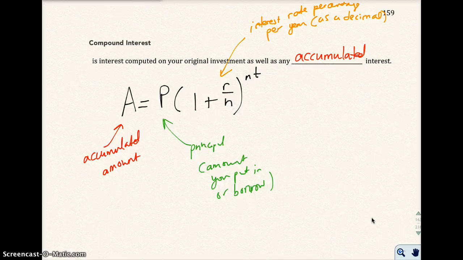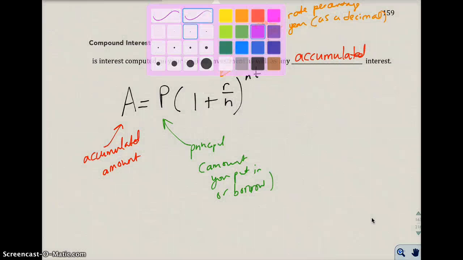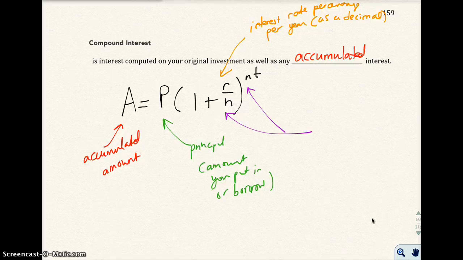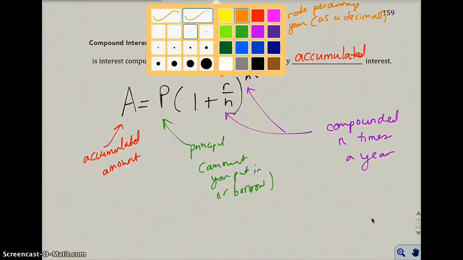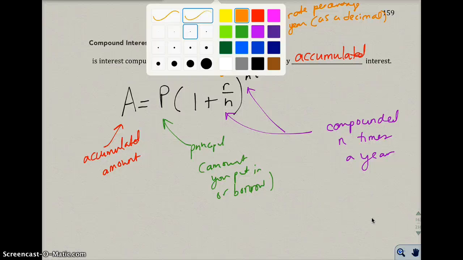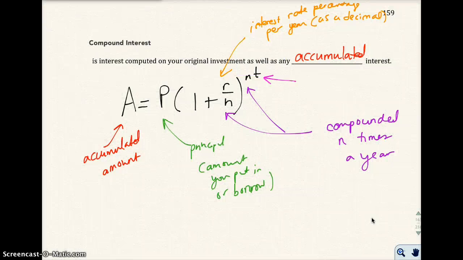n stands for how many times it's compounded a year. And then t stands for the time in years. So how long do you put that money in the bank in years, or how long do you borrow money in years? Okay, let's talk more about n.